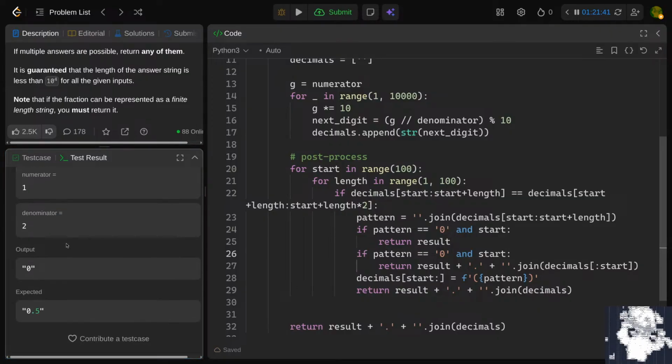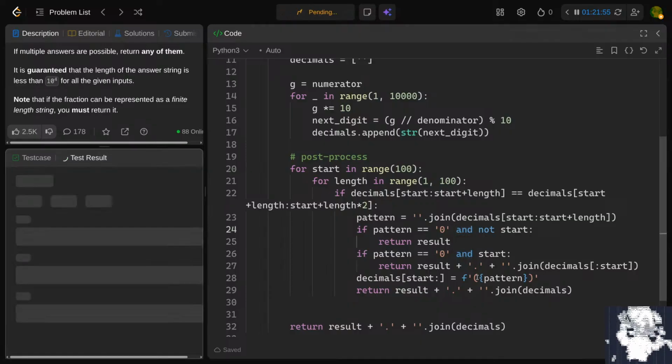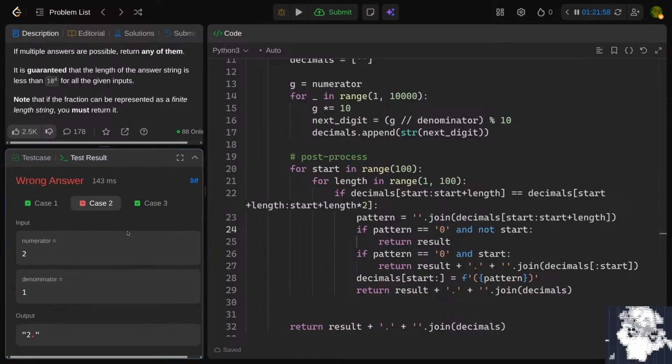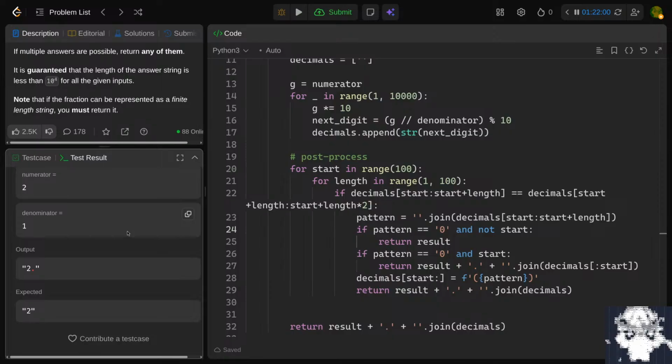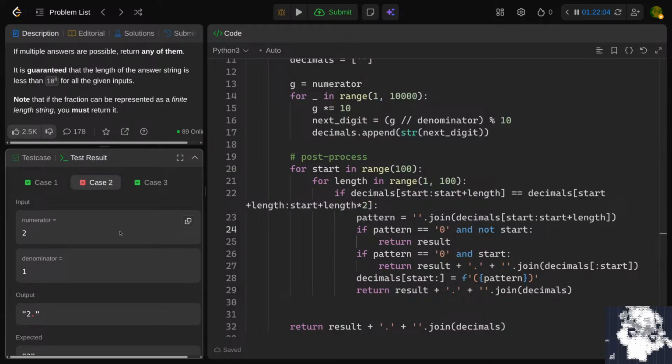Okay, that gave 2. That gave 0.5. Why? Oh, because I put the same condition both times.